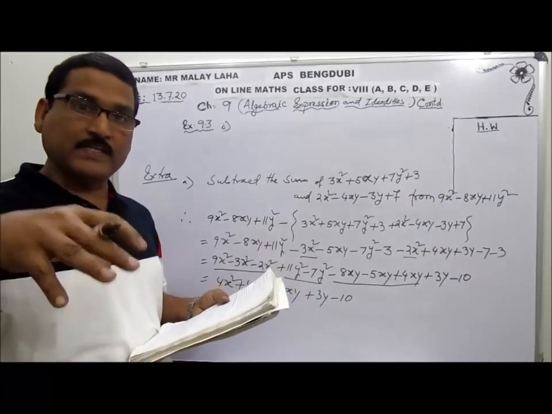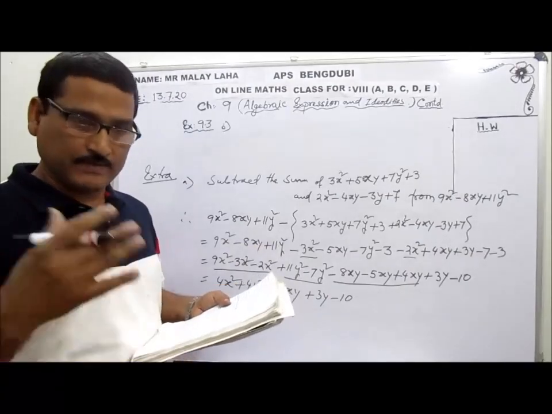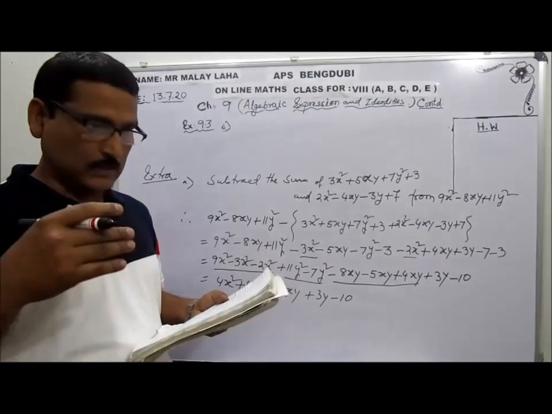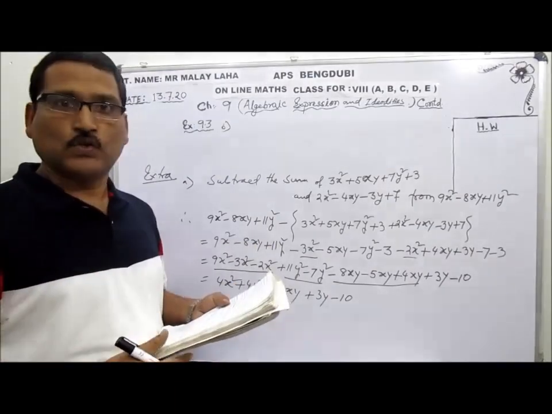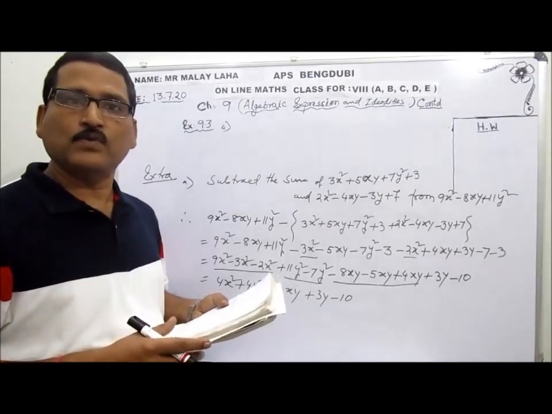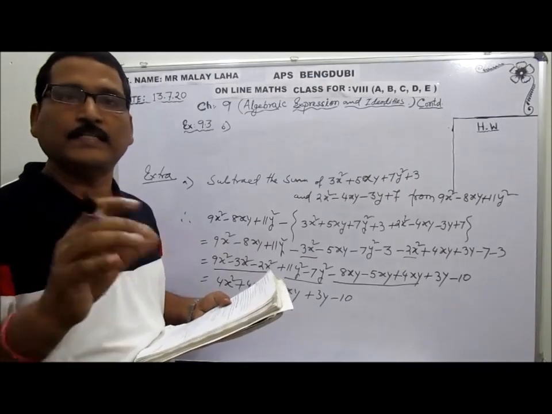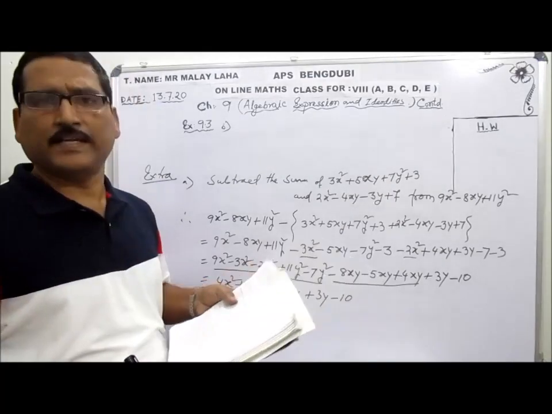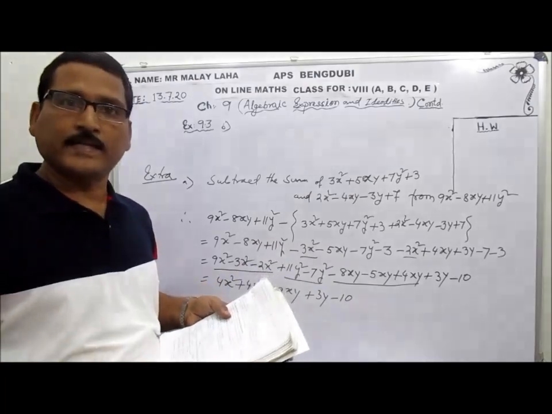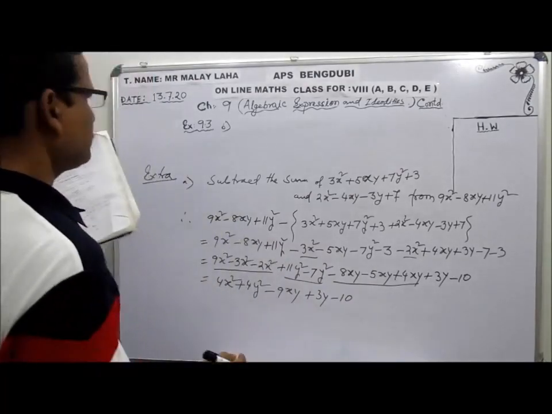Whatever algebraic expressions are there, addition, subtraction, you must go through it. This is the right time. You are totally free at home. So whenever you get time, take out your class 7 maths book and complete that part, addition and subtraction of algebraic expressions. Same in class 8. Sometimes I can set questions from the 7th standard book also. No problem. Okay.